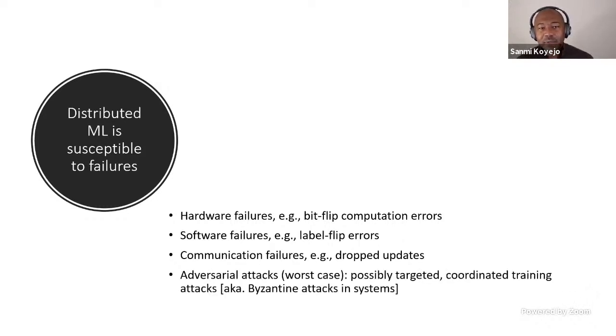One way of thinking about unmodeled failures is to try to design for the worst case. There's a broad line of work thinking about Byzantine attacks, worst-case attacks, and adversarial robustness in this sense. The idea is that I want to train a machine learning system in a way that is resilient to worst-case attacks.